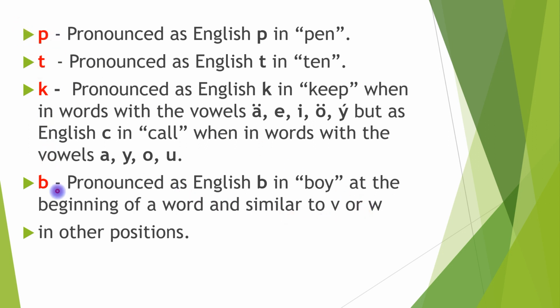But there is one thing we need to bear in mind with this letter B. In the beginning of the word, we read it as a B. But if we have this letter B in the middle or at the end of the word, I mean in the last syllable of the word, then we read it as a V. Later I will give you examples.